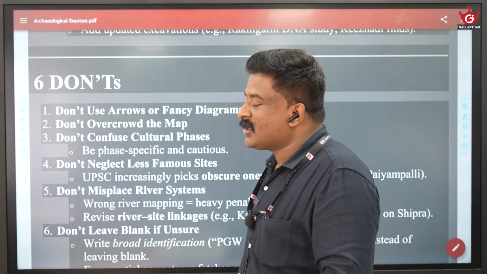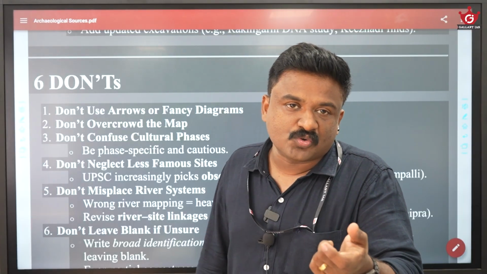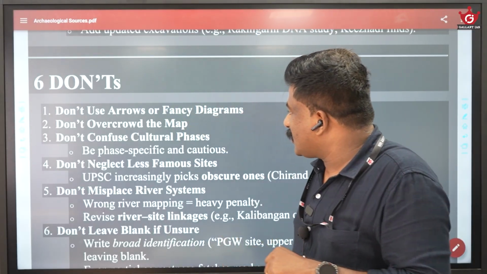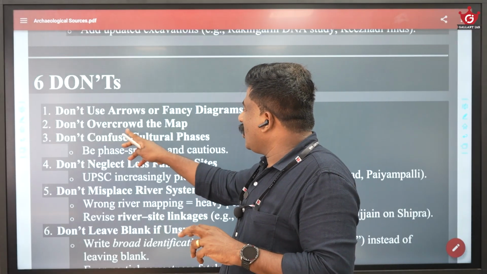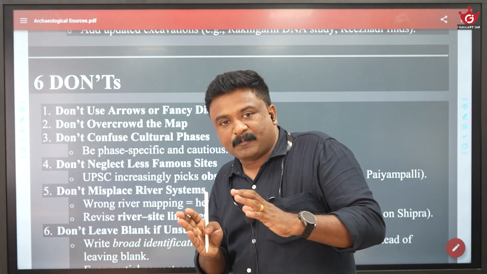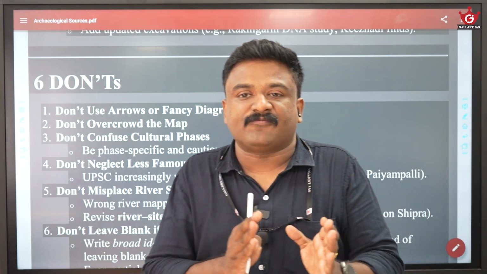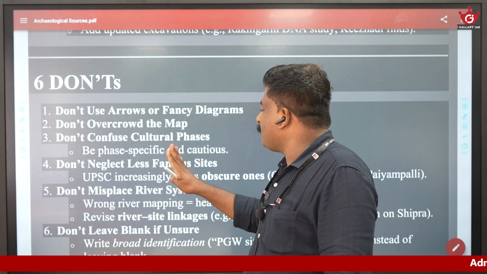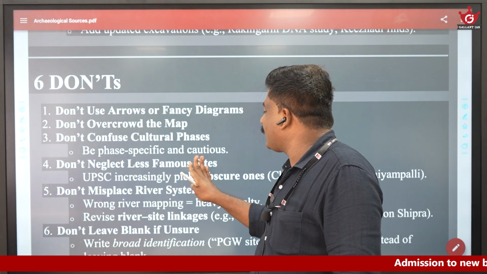You maintain accuracy. Use these NCERT maps, use these ASI maps, okay, and maintain the accuracy for each site and its description. Don't overcrowd the map. You just prepare separate maps for these different themes, okay. Don't confuse cultural phases. Okay, be very specific with the cultural phases.